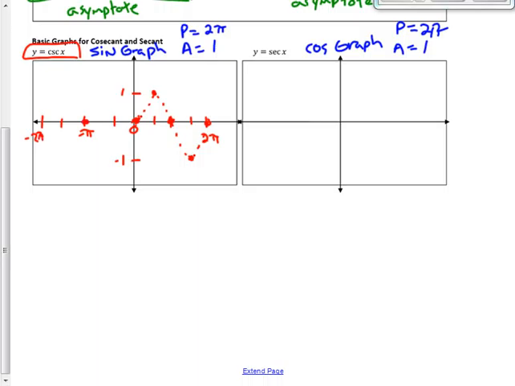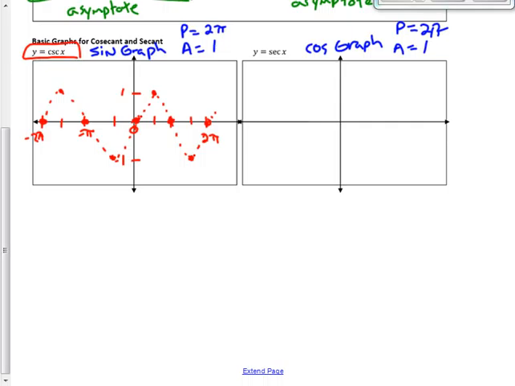It crosses and crosses, comes down here, goes up here. And again, I'm going to draw it dashed because the sine graph isn't what I want. The cosecant graph is what I want, but I'm going to make the sine graph in order to get it. So I've got a sine graph here.